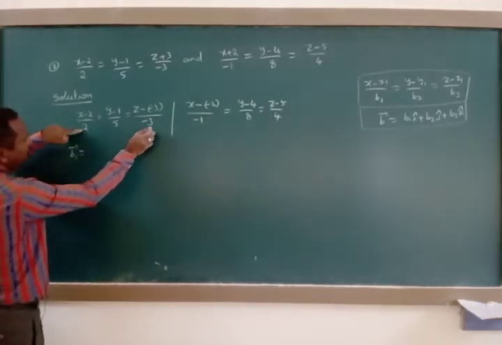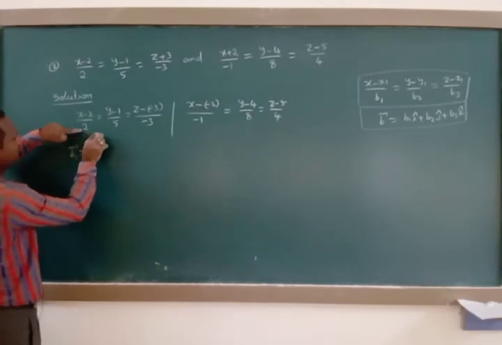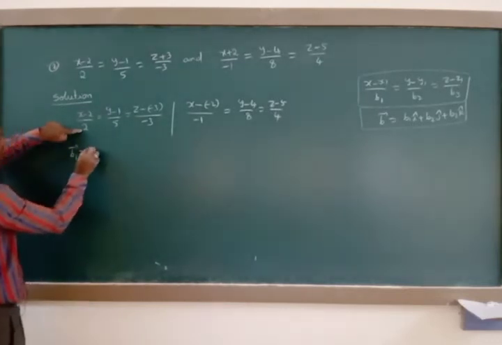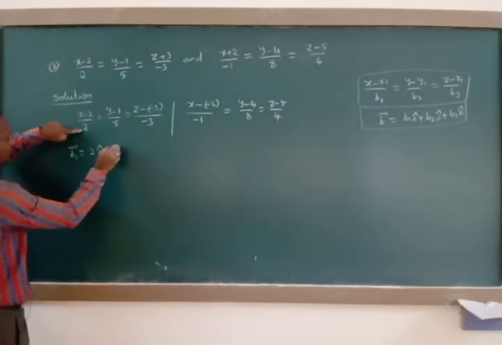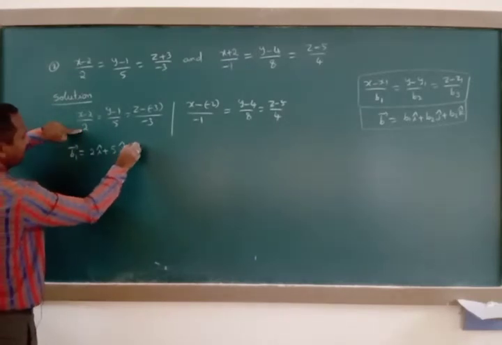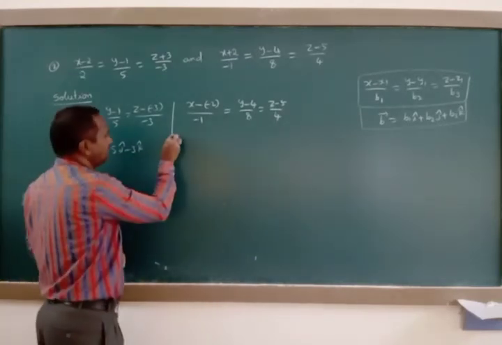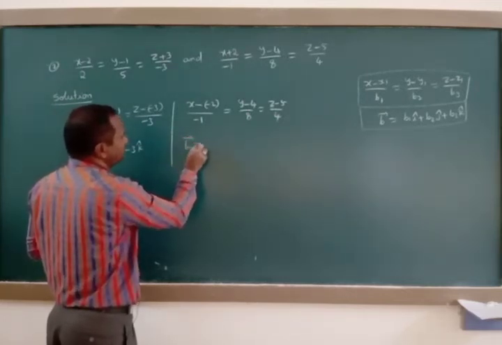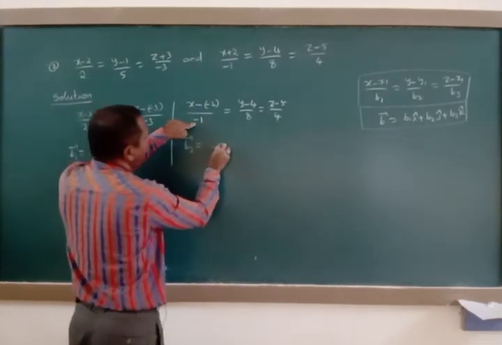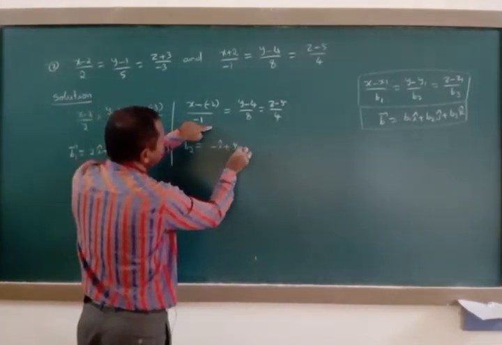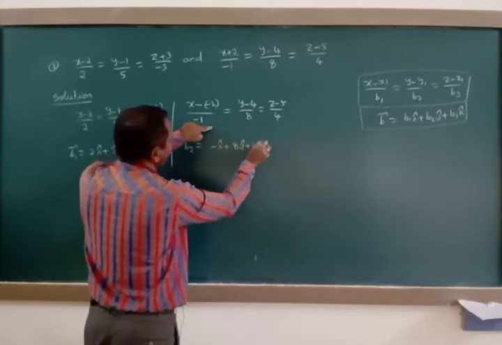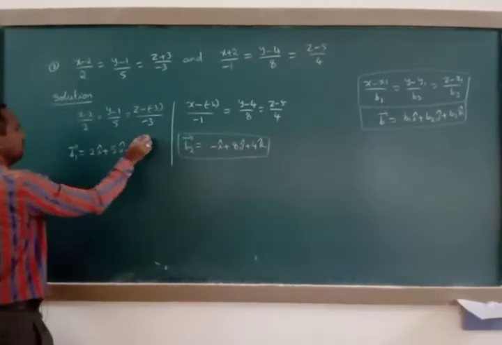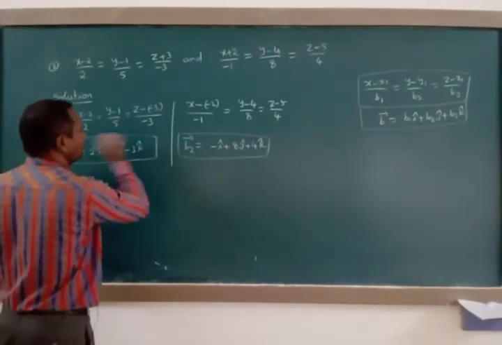We must take only the direction ratios here. The direction ratios from the first line are 2, 5 and minus 3, that is b1 vector is 2 i cap plus 5 j cap minus 3 k cap. From the second line, b2 vector is minus i cap plus 8 j cap plus 4 k cap.